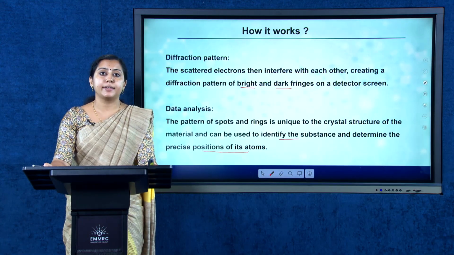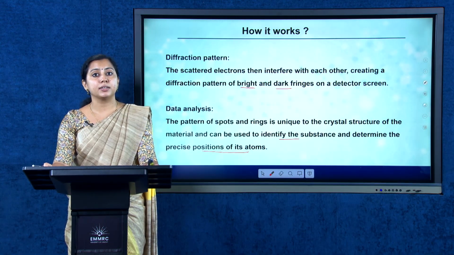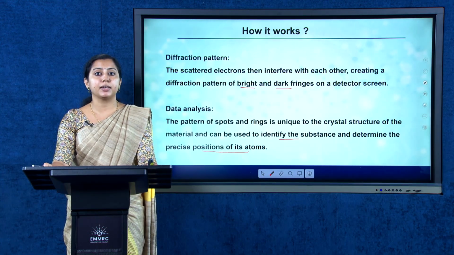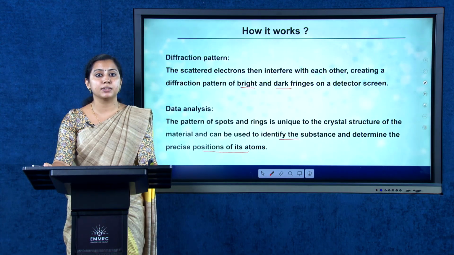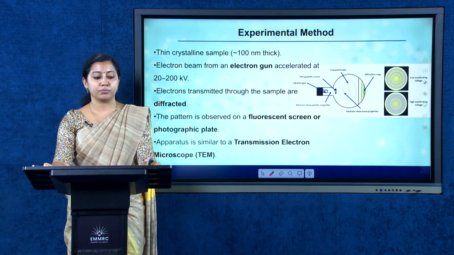These diffraction spots are analyzed, and this is a fingerprint or signature of the crystal's internal structure, and hence it can be used to identify the substance and determine the precise positions of its atoms.